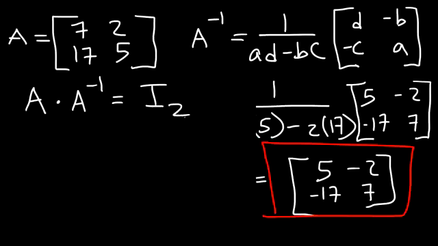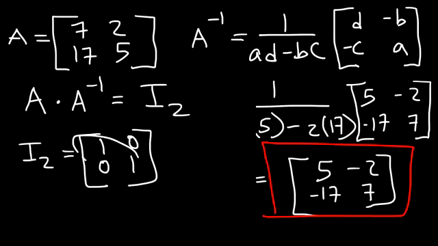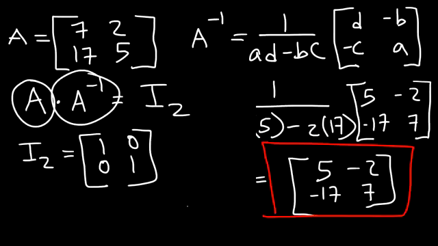And we're dealing with a 2 by 2 square matrix, so we'll call it I2. So the multiplicative identity matrix looks like this. It's 1, 0, 0, 1. So the main diagonal contains 1s. So if we multiply A by the inverse of A, our answer should look like that. If we get that, then that tells us that this is indeed the multiplicative inverse of A.